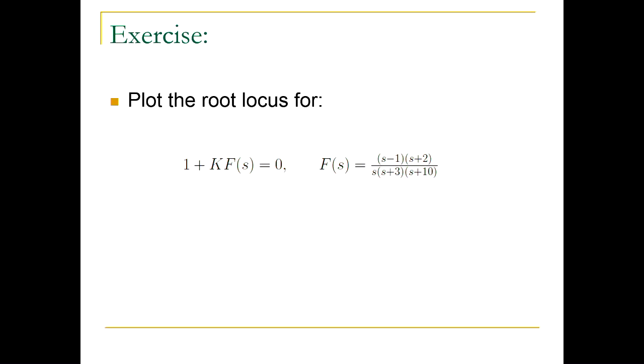We have a zero at 1, a zero at -2, a pole at 0, a pole at -3, and a pole at -10. There are no complex conjugate poles or zeros. All poles and zeros are real.